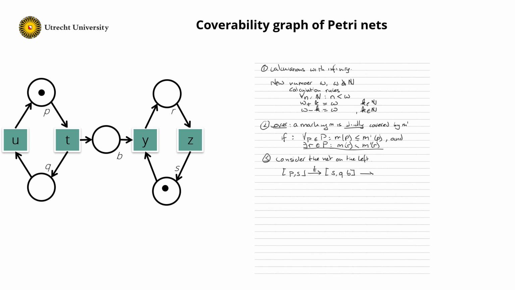So transition U brings me to the marking PS and B. And maybe you already notice that I have here PS, which is the initial marking, plus some extra. And this extra is B.